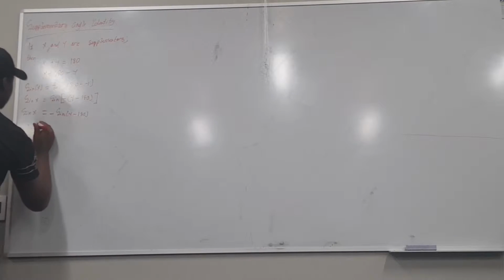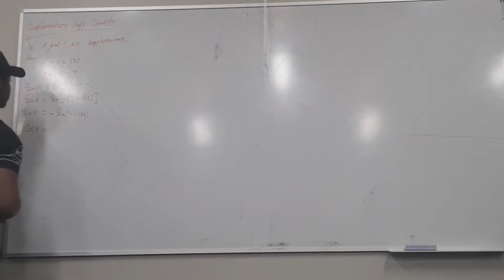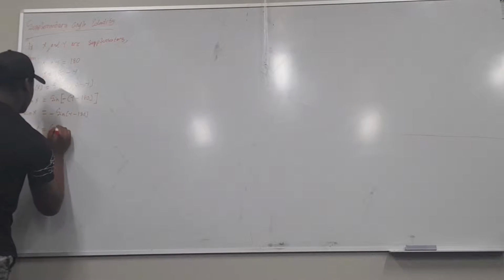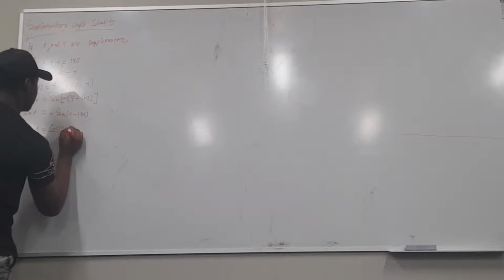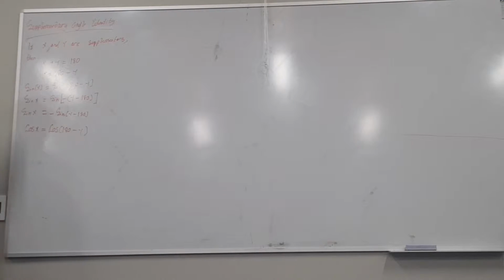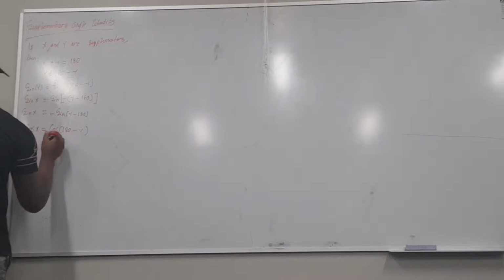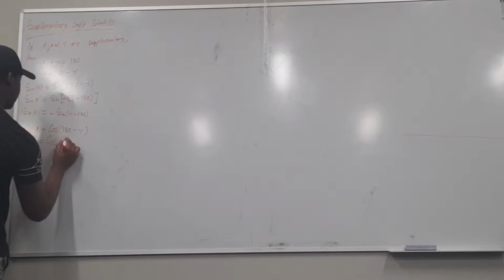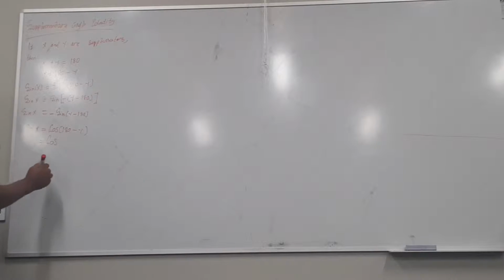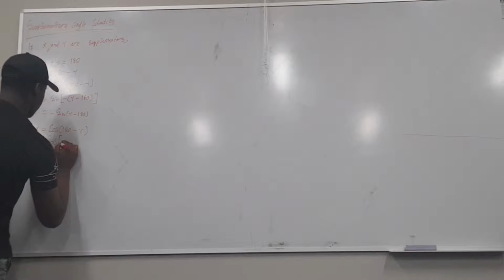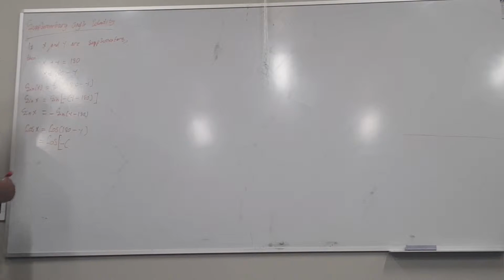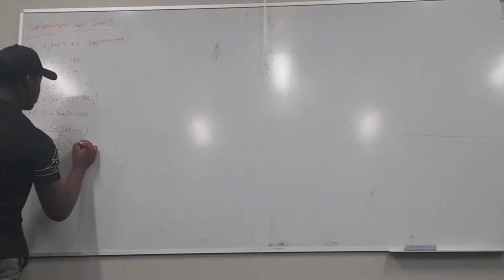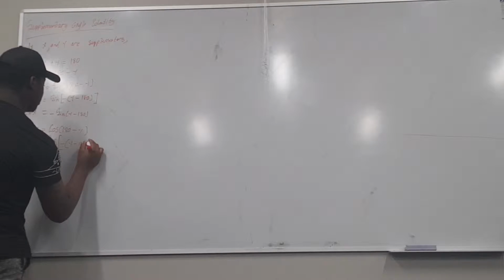So cosine x is equal to, I think I'm wasting too much time here, is equal to 180 minus y. And if you bring the negative outside, we have minus y minus 180, right?